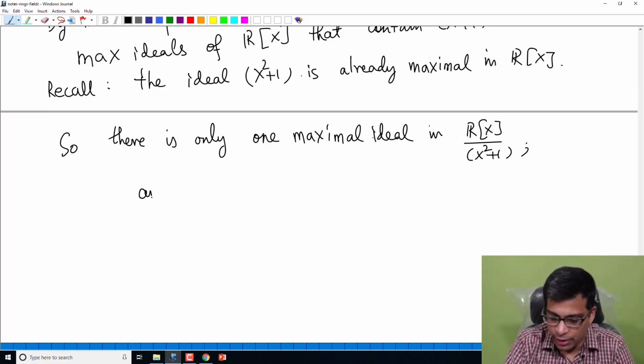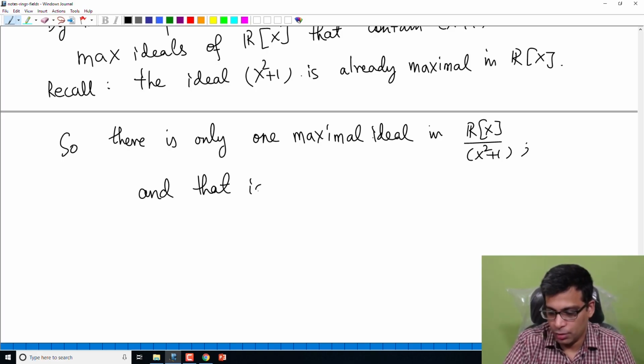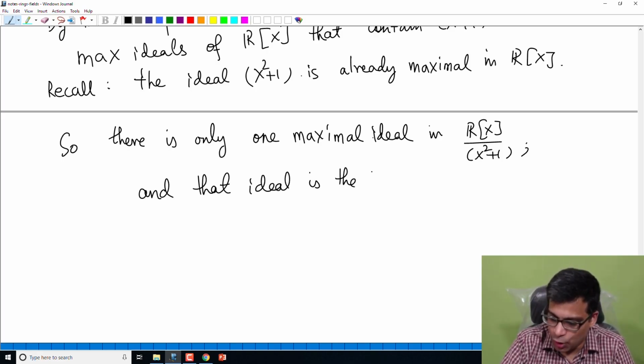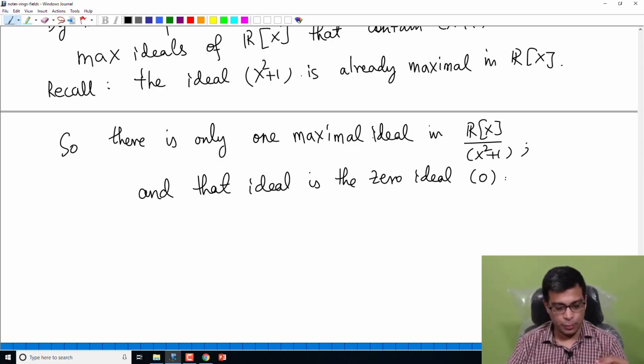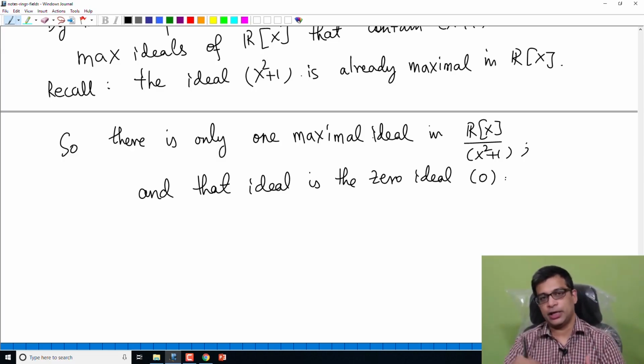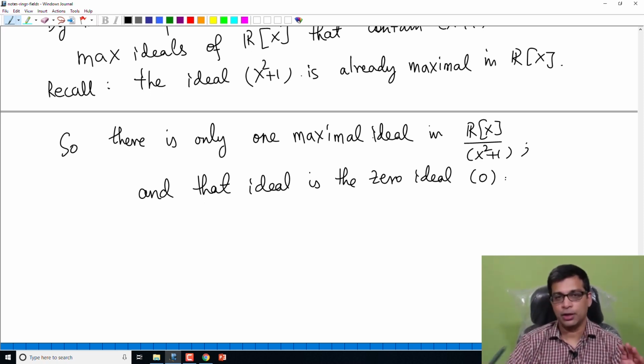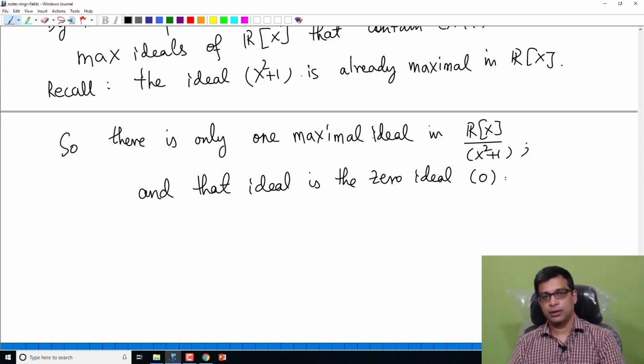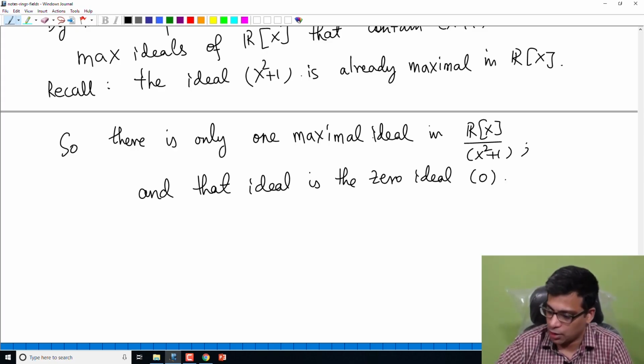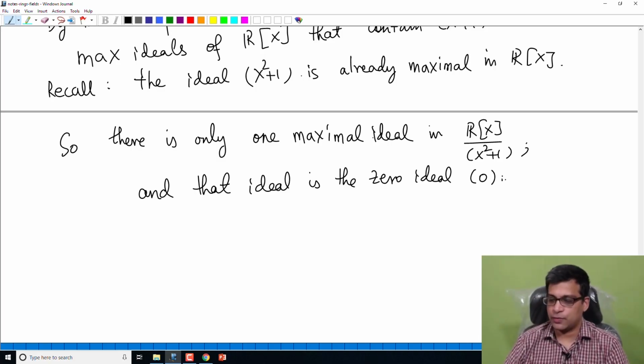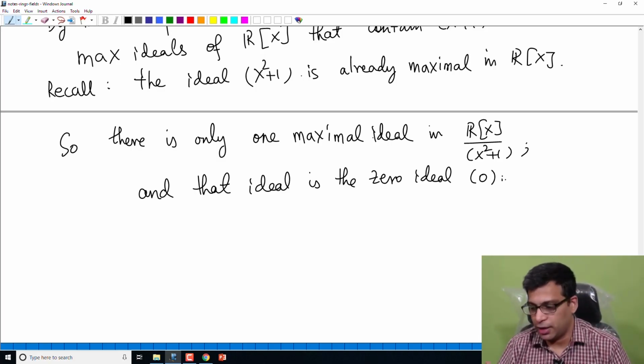And that ideal is the zero ideal, because remember, if a maximal ideal of R[x] contains x squared plus 1, its image under the canonical map from R[x] to R[x] mod x squared plus 1 is a maximal ideal of the quotient. If x squared plus 1 is that maximal ideal, its image is the zero ideal, because the ideal x squared plus 1 gets killed in the quotient ring. So R[x] mod x squared plus 1 has a unique maximal ideal, and that is the zero ideal.